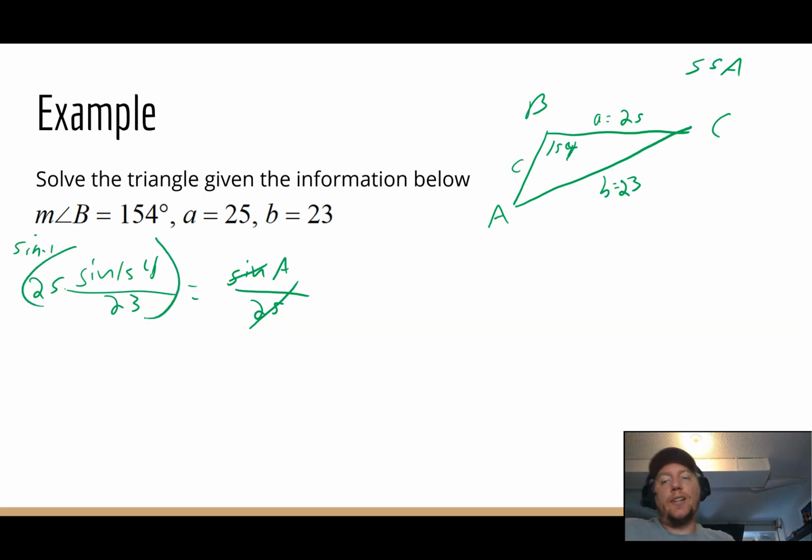The inverse sine will tell us if we have an answer or not. So 25 times sine 154 divided by 23, I get an answer, which means we have at least one answer. So A is 28.5 degrees.